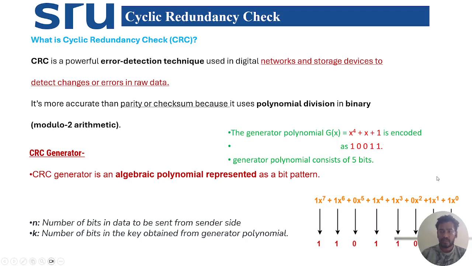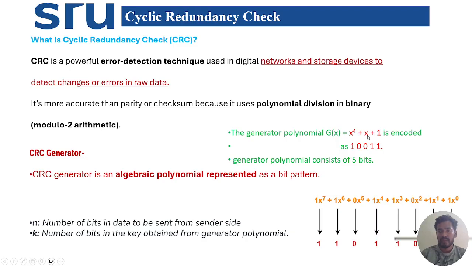I will explain. For example, if the key is given as a polynomial key, the constant we directly put as 1. If x appears, we write x to the power 1, and the remaining x to the power 0 and x to the power 3 are equal to 0, and x to the power 4 is equal to 1.